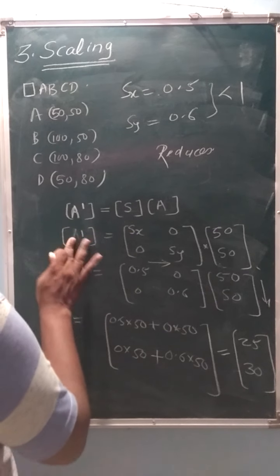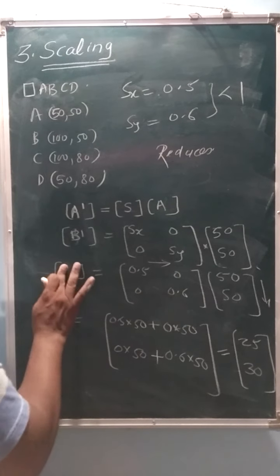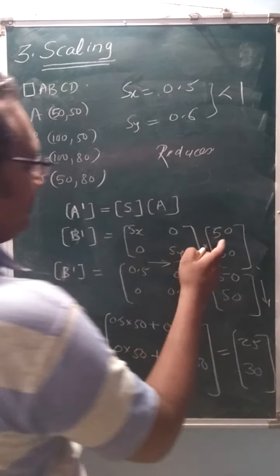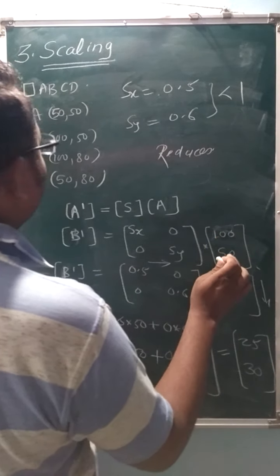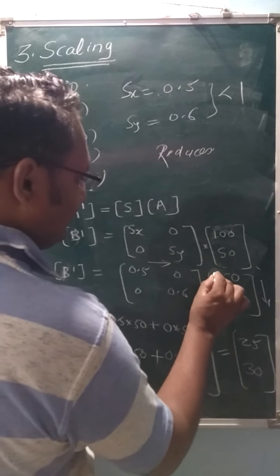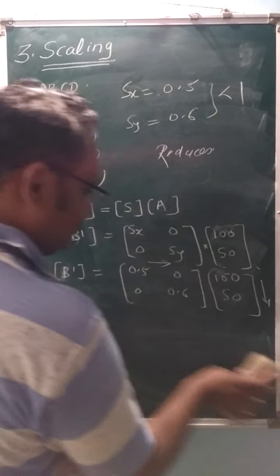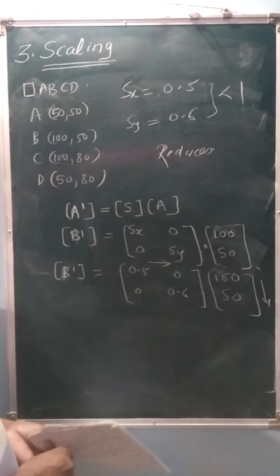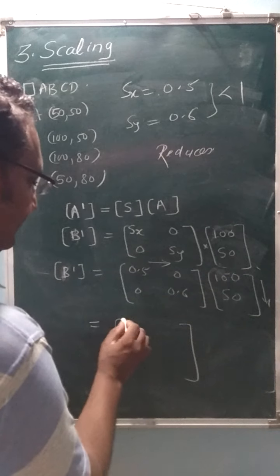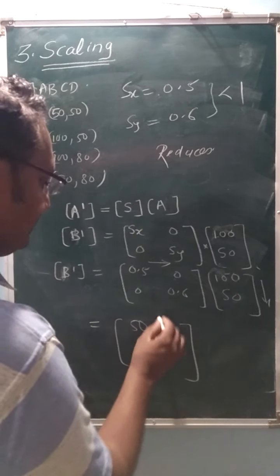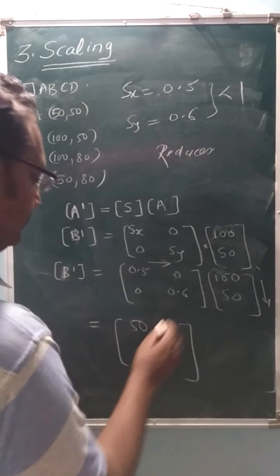For B dash, simply replace the original point with 100, 50. Then 0.5 into 100 is 50 plus 0 into 50 is 0, and 0 into 100 plus 0.6 into 50 is 30.